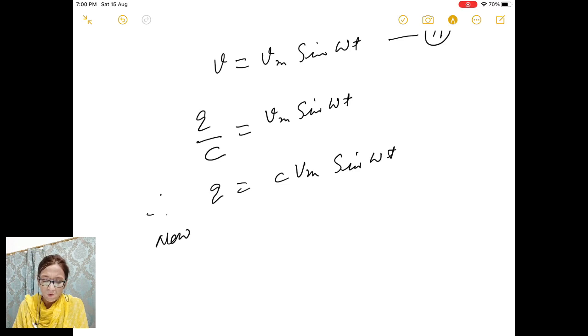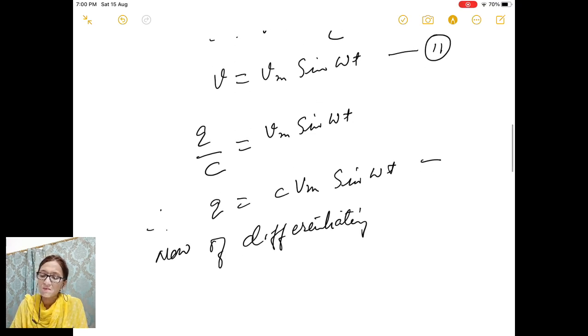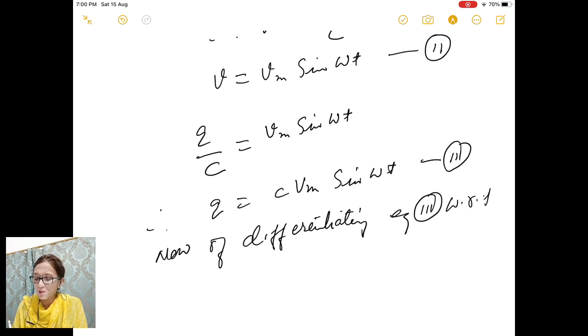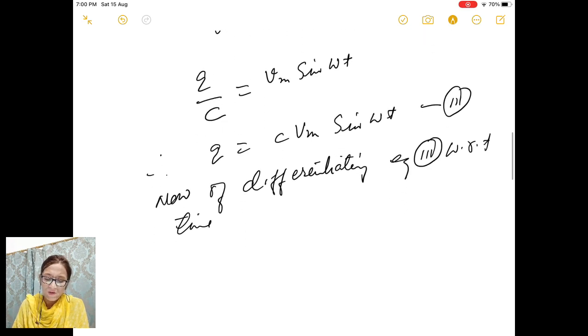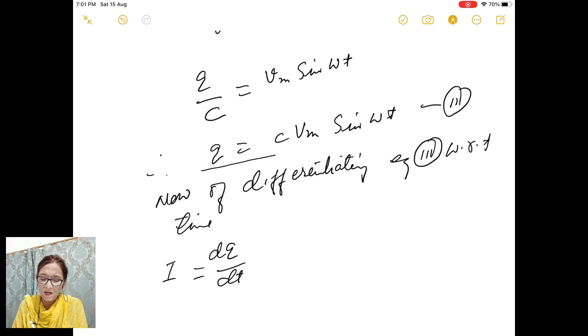And now, on differentiating this equation 3 with respect to time, we can get instantaneous current, because dq upon dt is your current I. So here we are differentiating this equation.